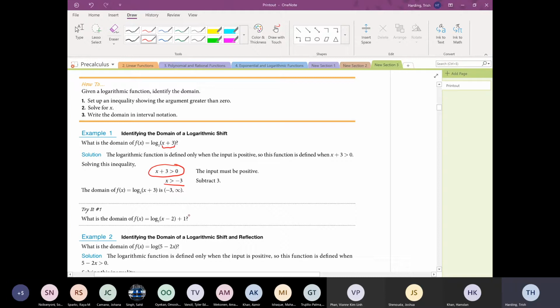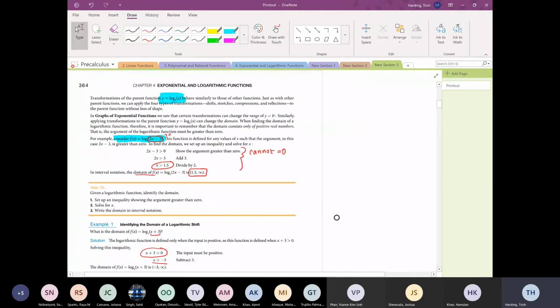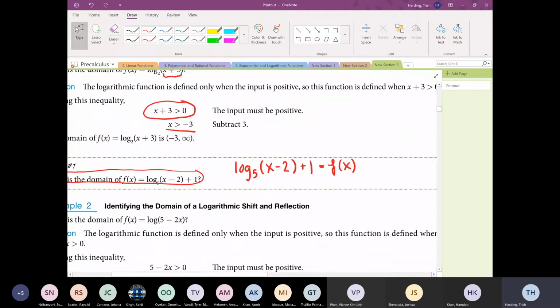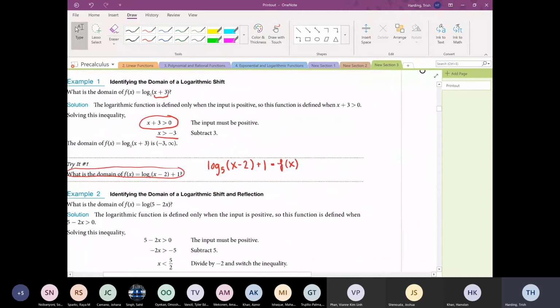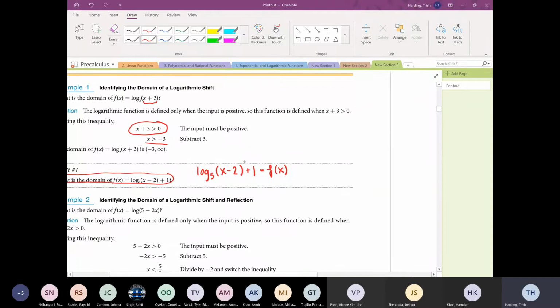So here's an interesting one. Log base 5 of x minus 2, plus 1, is going to be equal to f of x. One thing I'm going to do to find my domain is I can just completely ignore that plus 1.